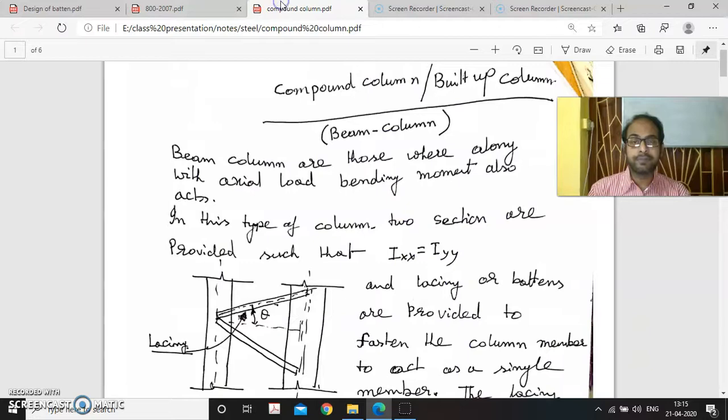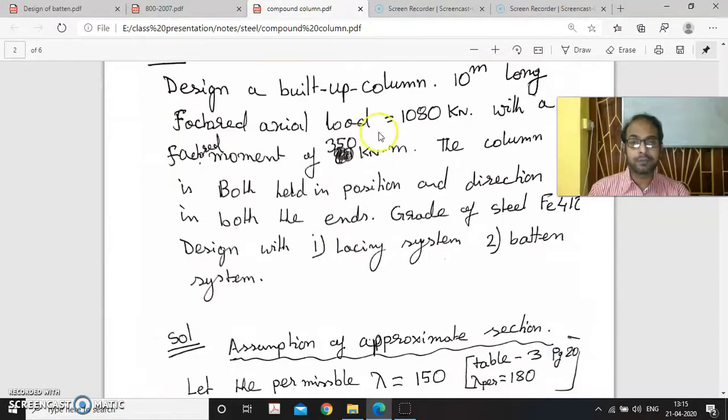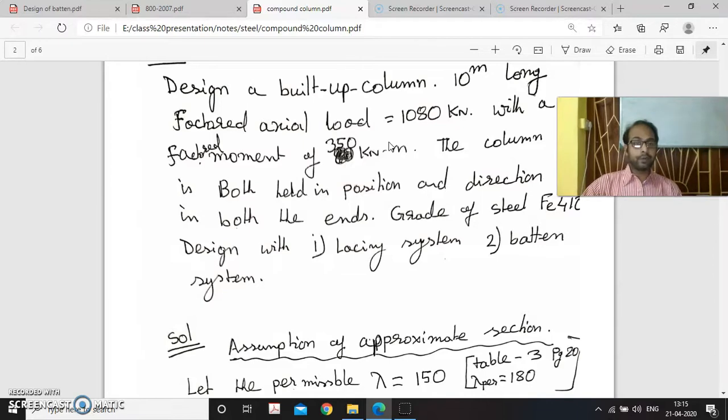It is as before as we have considered in the previous problem of column. Let us say that in the same column we may provide lacing or we may also provide batten. Instead of providing lacing in that column, we are now trying with a problem where the batten is being provided. So you have to do either of the two things.